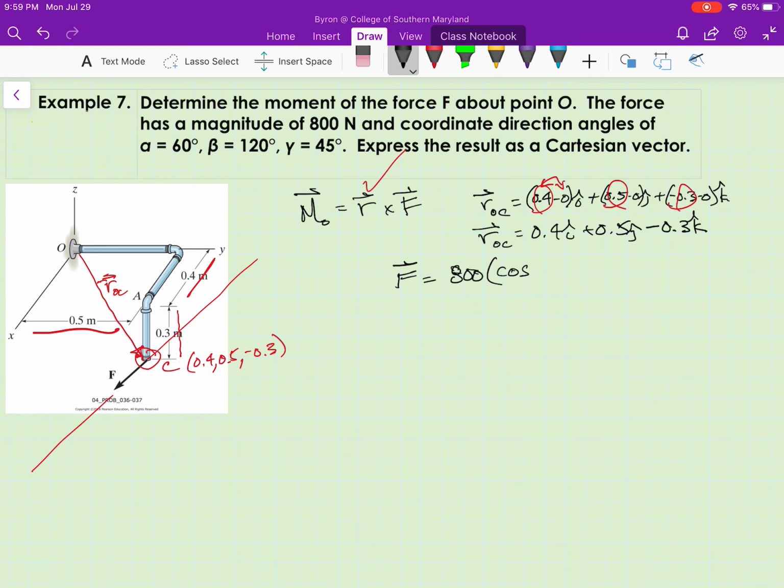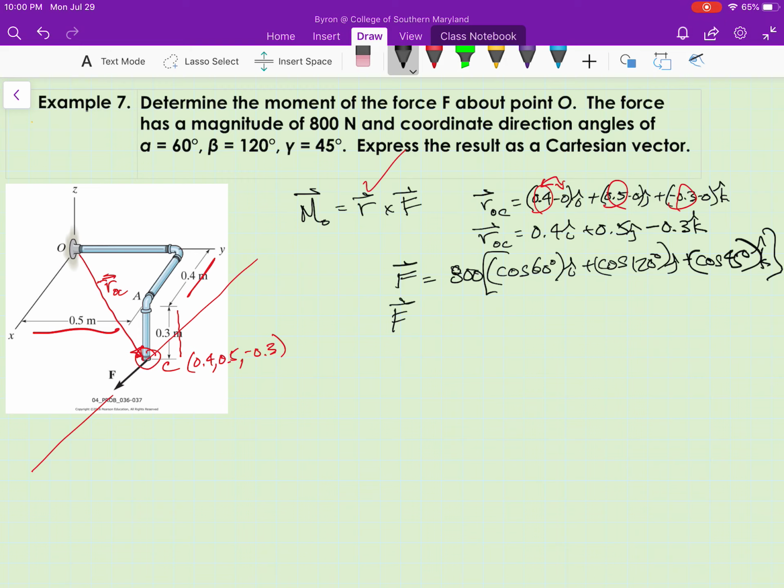It would be cosine 60 degrees I, plus the cosine of 120 degrees J, plus the cosine of 45 degrees K.